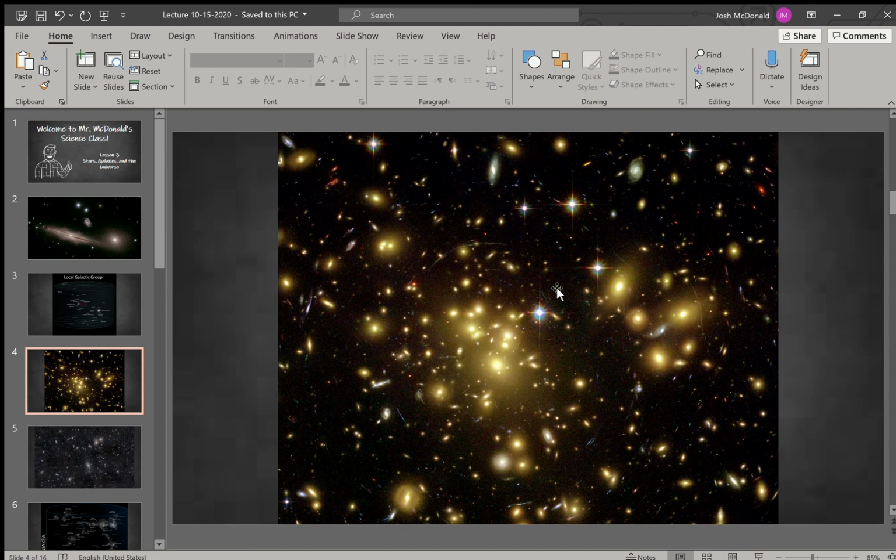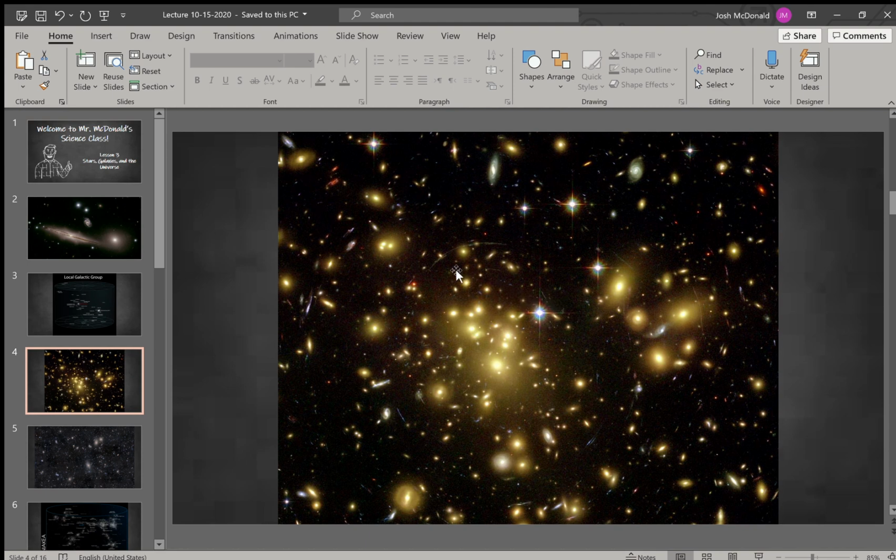In between this intergalactic space, you have an intergalactic medium. Now, it's not going to be as concentrated as, say, the interstellar medium, or even within a galaxy itself. It's not just empty space, but it is a lot less concentrated, a lot less dense.